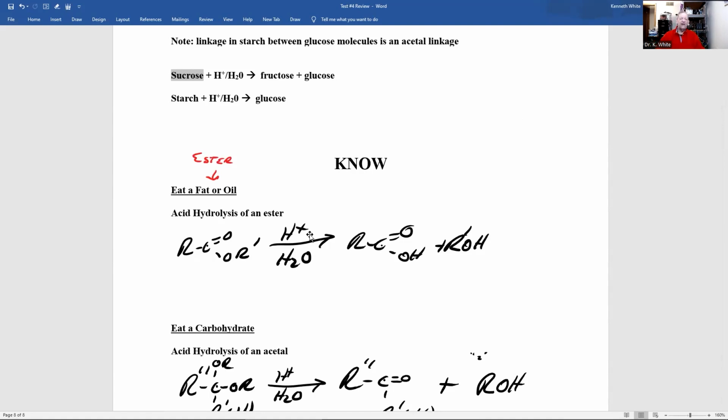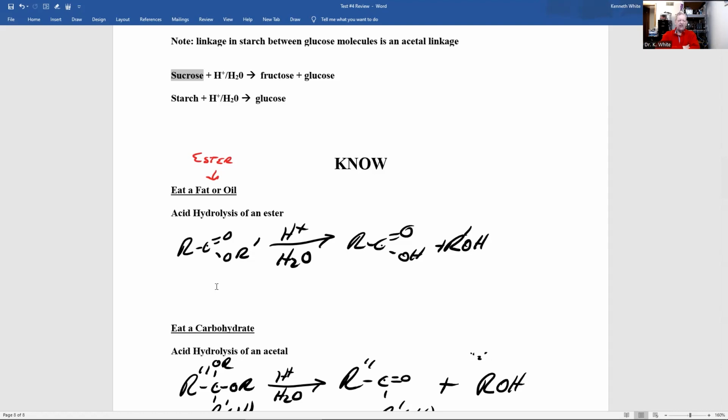And in your stomach, you have water and acid, so it's acid hydrolysis of an ester. And the general reaction you learned for test number 3: ester, acid, and water, you get back the carboxylic acid plus the alcohol you would have used to make that ester.